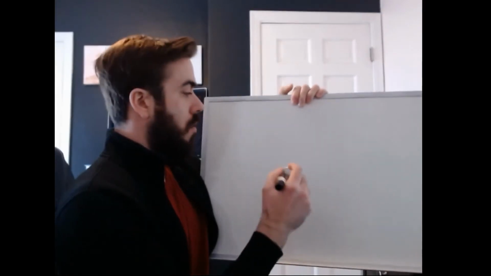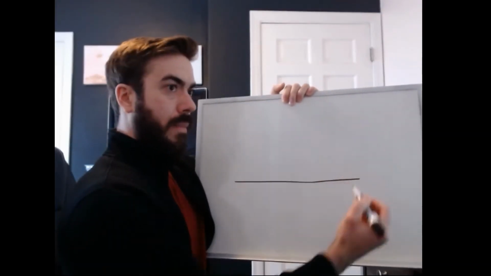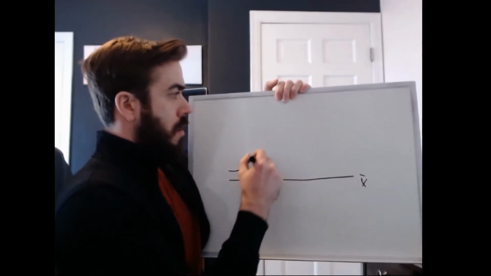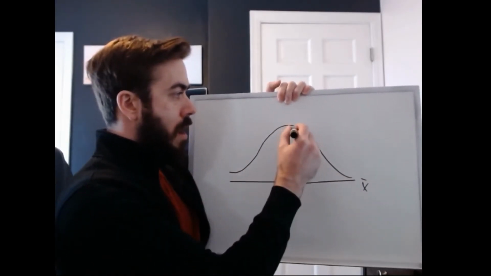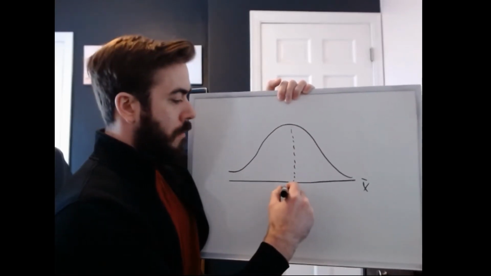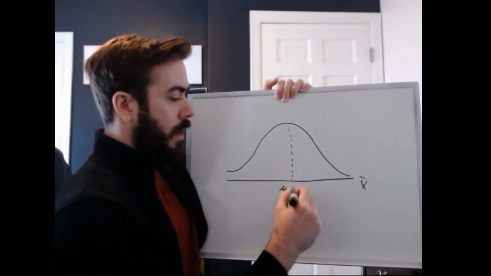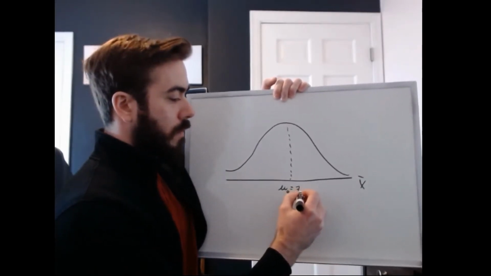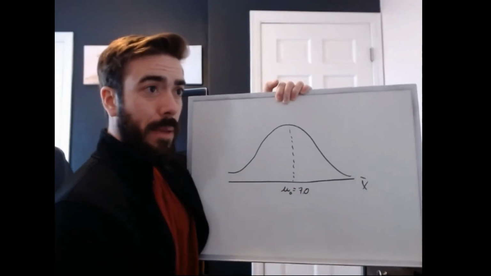If we took sample means, they should be distributed around whatever the true population mean is. Well, we don't know what the population mean is, but we're assuming it's equal to a certain value. Just for the sake of this example, I'll keep using that ABV example, so we'll say 7%.